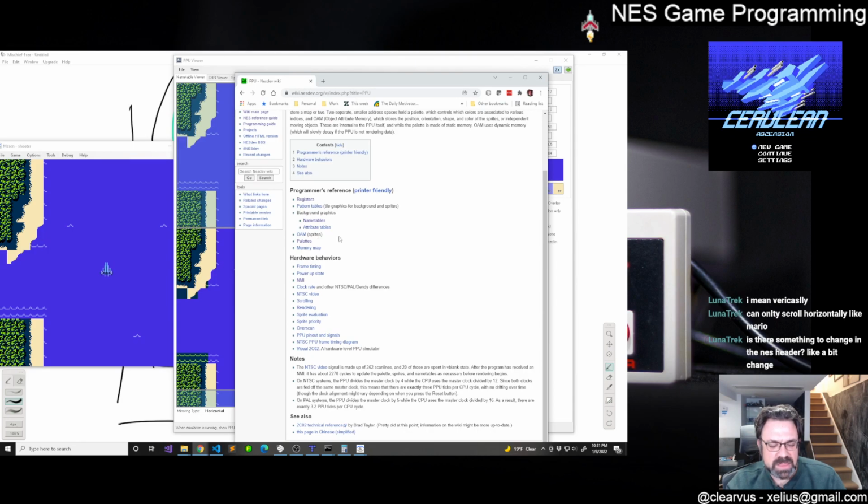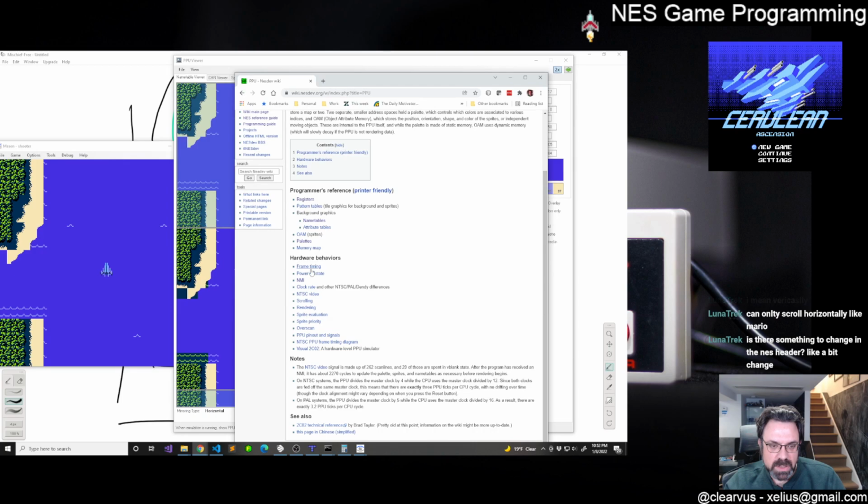In fact, I think Mega Man does that, or Castlevania definitely does, because depending on what kind of section you're in, if you're moving up and down or left and right, I think they swap the mirroring. But let's look at that here.